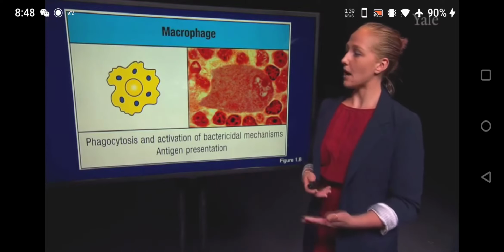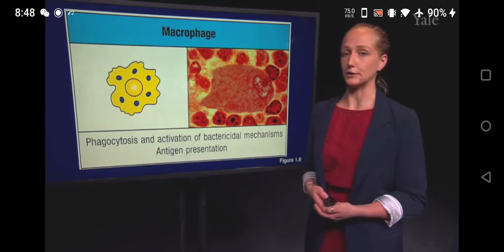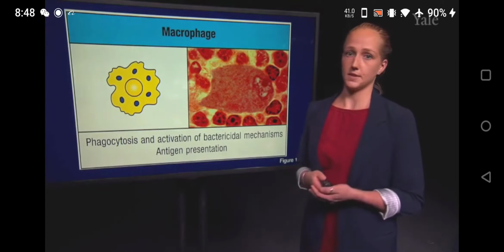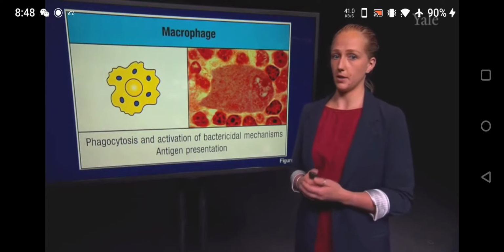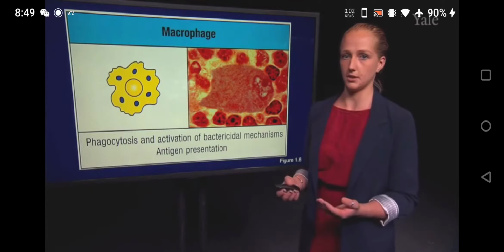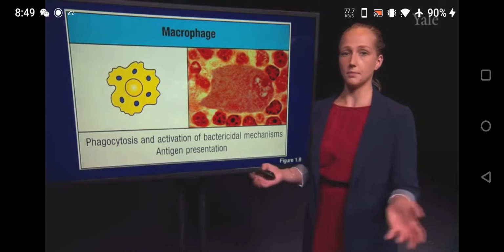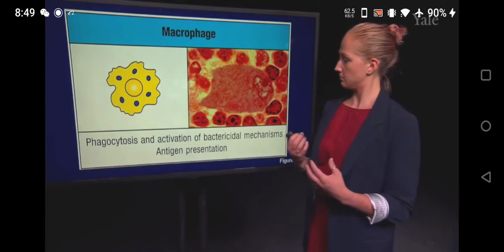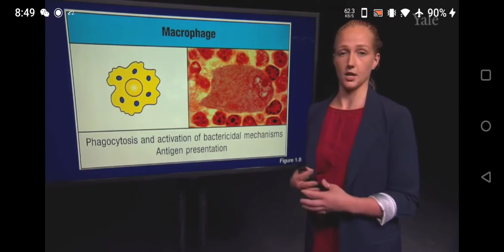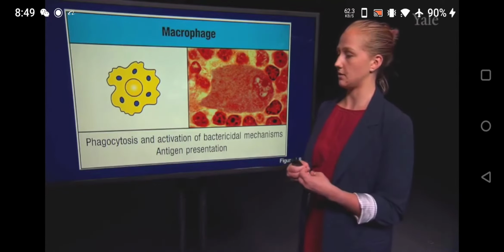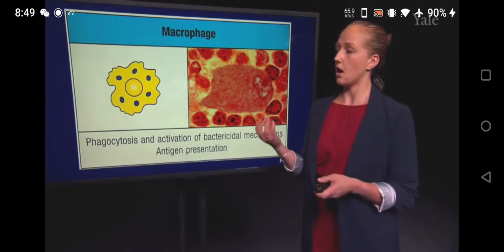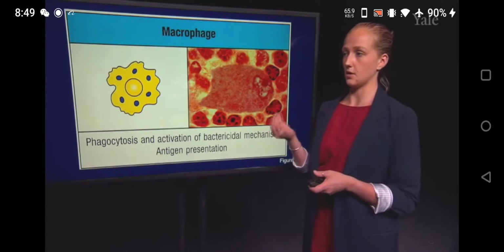So macrophages are also really critical in a process called antigen presentation. So antigen presentation, briefly, is a process by which cells, predominantly phagocytes, will take up various proteins and molecules and other cell types from the environment, bring these molecules or cell types in, break them down, and present a portion of those proteins on their surface.